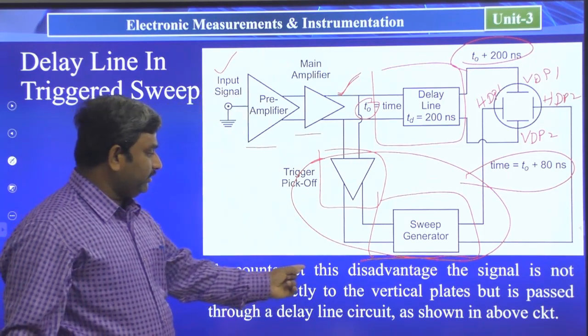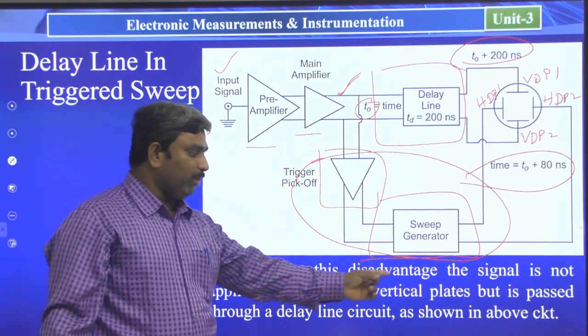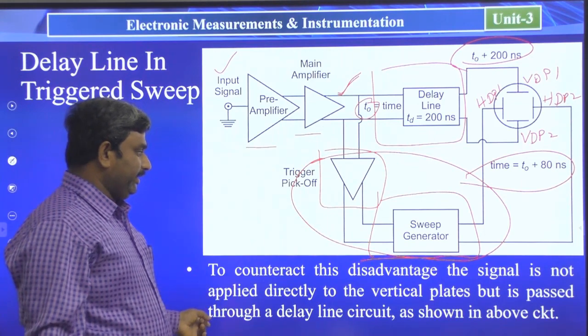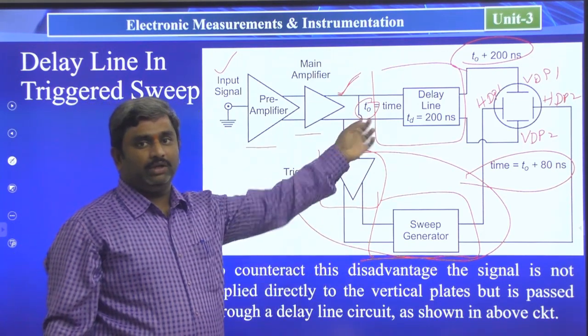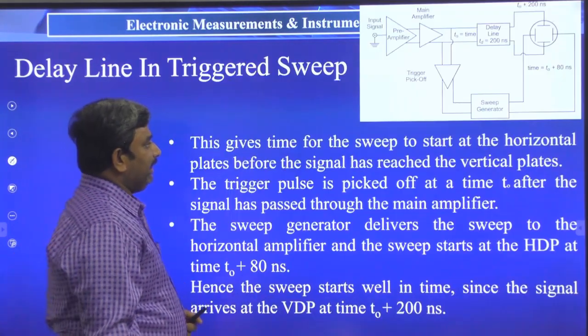To counteract this disadvantage, the signal is not applied directly to the vertical plates, but it is passed through a delay line circuit as shown in this figure. So this is the main purpose of the delay line.